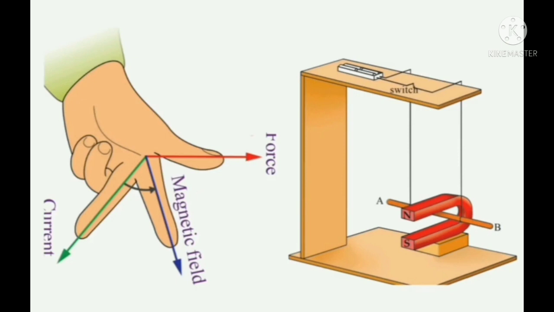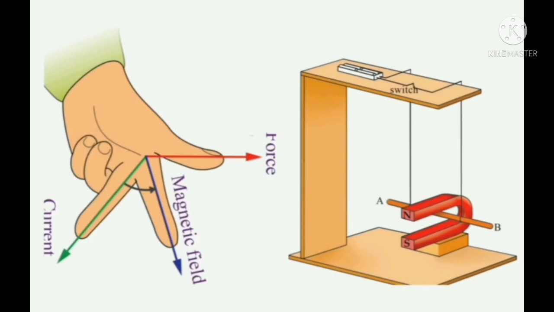In this experiment, we can easily understand the direction of motion of the conductor, that is force, by holding the forefinger, middle finger and thumb of the left hand in mutually perpendicular directions. Firstly, hold the forefinger in the direction of magnetic field and middle finger in the direction of current.